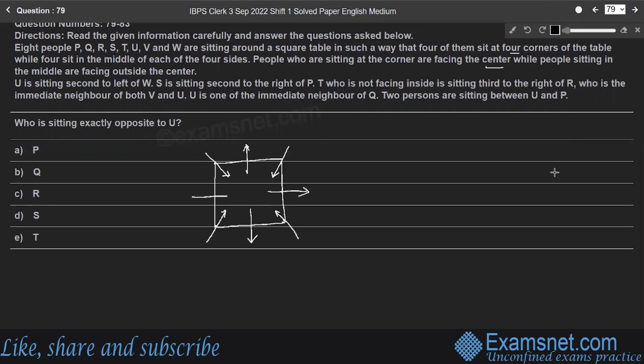Like this. Right? Here, the first point is U is sitting second to the left of W. So we don't know where exactly U is sitting, at the corner or in the middle. So there are two cases. In case 1, U is sitting at the corner, any of the corners here. In case 2, we'll consider U is sitting in the middle.